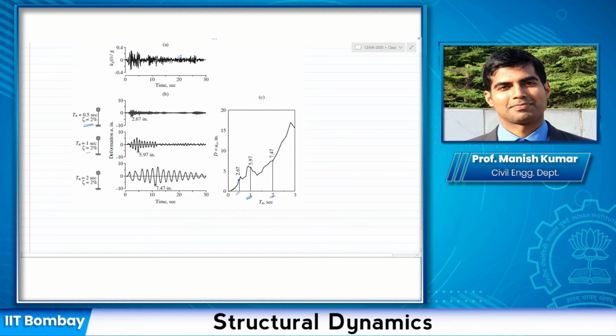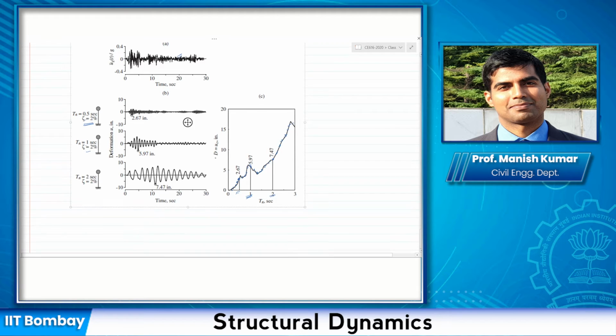If I do this for an infinite number of single degree of freedom systems, varying the natural time period, I can get a plot, and that plot is what is called a response spectrum for a ground motion. Remember, for each ground motion there would be a unique response spectrum, and it could be for any response quantity.